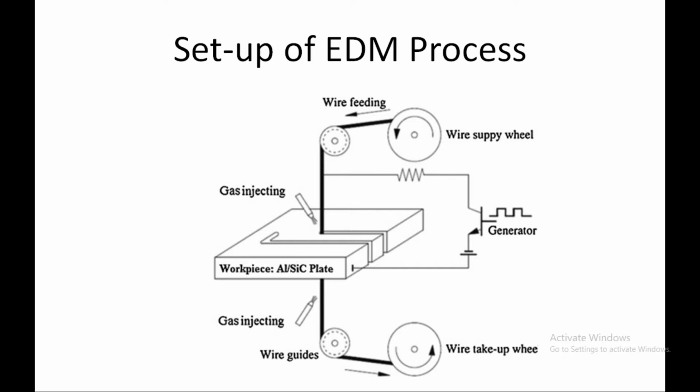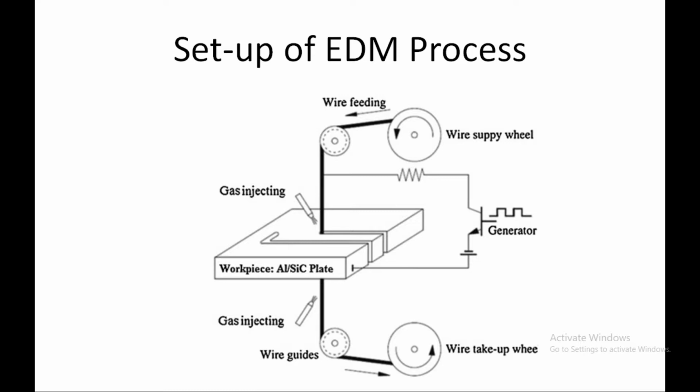At the same time, the wire moves according to that profile, whatever program is fed to the machine, and creates the profile over the workpiece surface. In this way, the principle is the same. Here, the wire and the workpiece have a certain gap between them, and at the gap a spark takes place, and that spark helps in removing the metal from the workpiece surface.